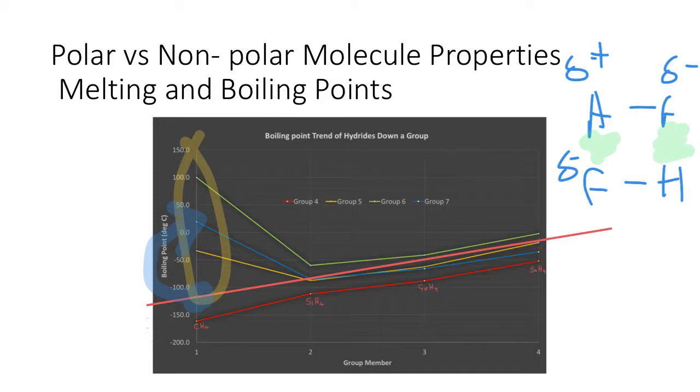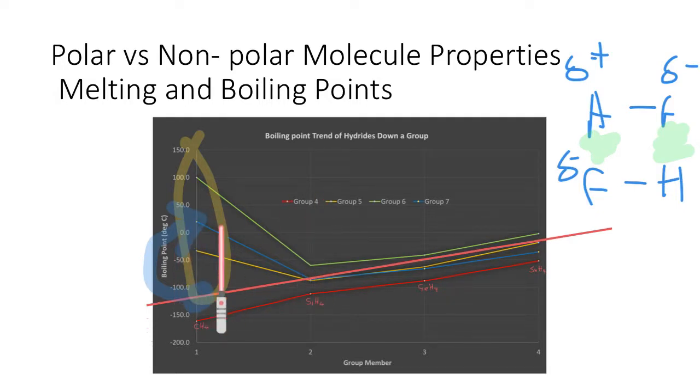It causes a huge leap above what is expected for the boiling point. And it would be the same for the melting point. So melting and boiling points are much higher for polar molecules and for ones that have particularly polar bonds with hydrogen bonding between the molecules. And we'll get hydrogen bonding between the molecules when we have hydrogen fluoride here.